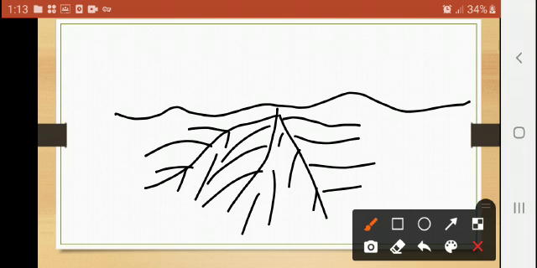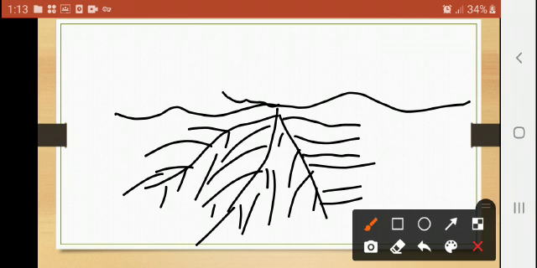So you can draw easily the fibrous roots like that. So we can draw the different branches and here you can draw the leaves of the plant like that.